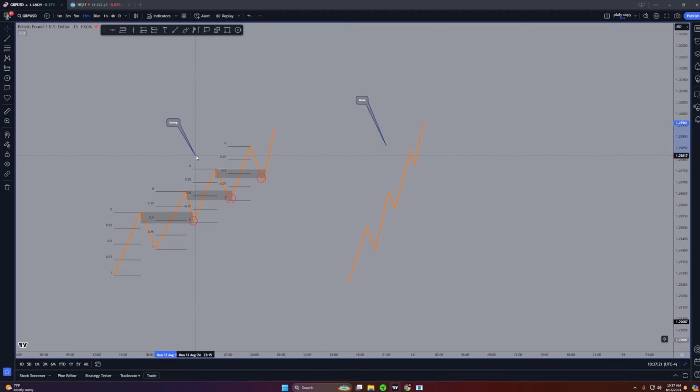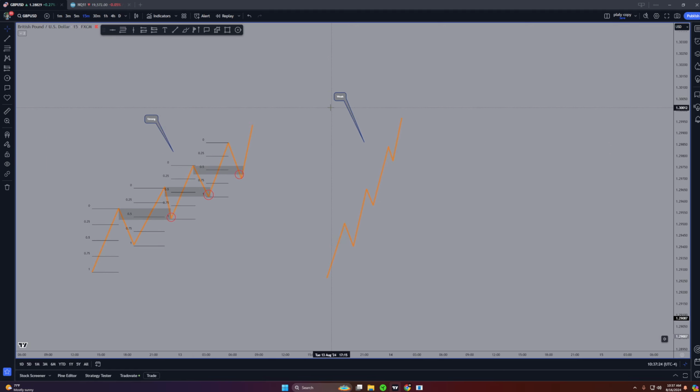Strong trends do not mean fast trends. Typically, the faster the trend, the weaker. That's why the S&P 500 moves so slow.